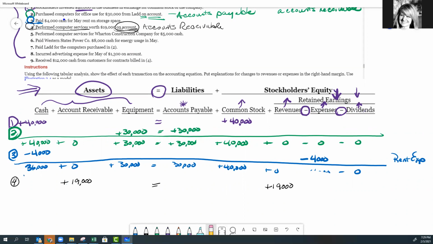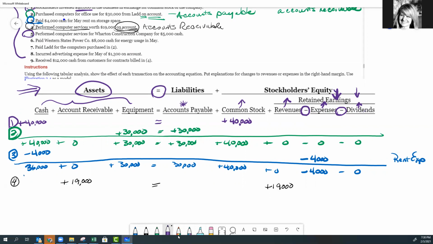And it looks like I accidentally erased some of that. So let me go put it back. Okay. All right. So transaction number 5. Let's go back to our purple. Transaction number 5. We performed computer services for Wharton Construction Company for $5,000 in cash.